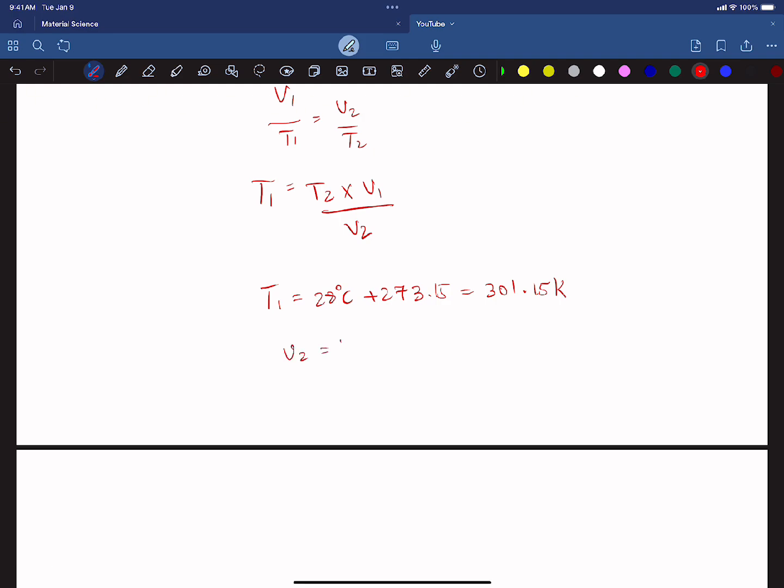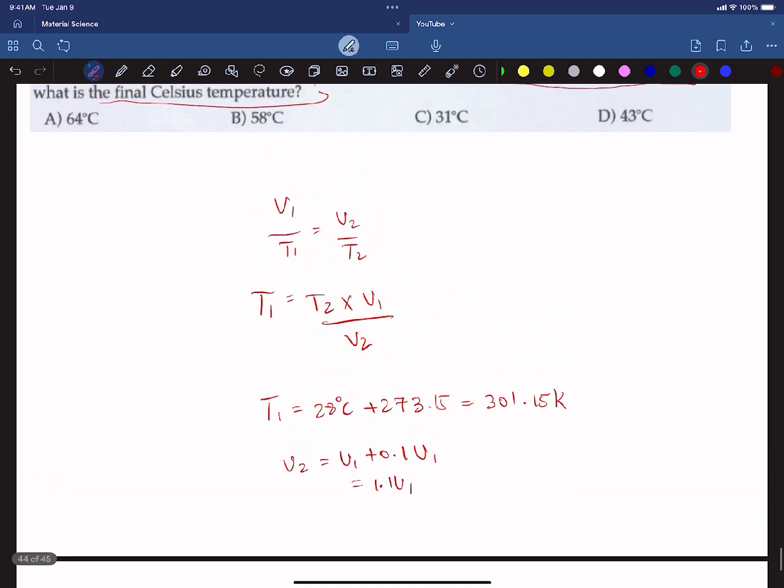V2 is equal to V1 plus 0.1 V1, which will be 1.1 V1, where the change in volume is equal to 10%.